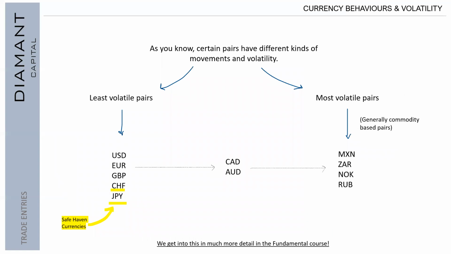So now you understand certain pairs have different kinds of movements and volatility. The least volatile pairs are the pairs that are most traded and also that have safe haven characteristics, because when there's a recession or the economy is going through a crisis or anything negative around the world, many investors will flock to invest their money in safe haven currencies.